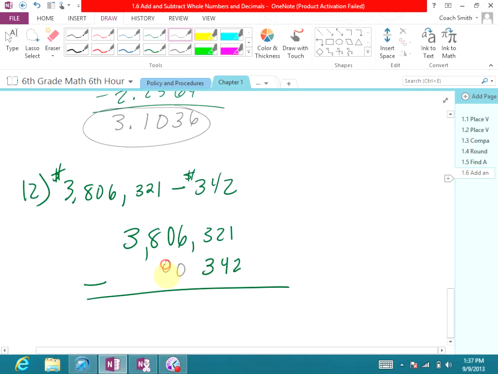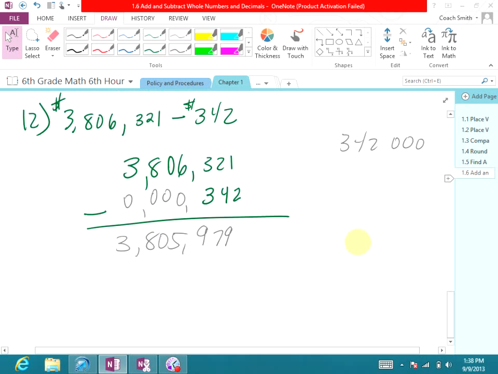In other words, you could put them here and it doesn't change the number. Okay? If you put 342 and add these to it, that changes that number a lot. Okay? And so when you're done with that one, you end up getting 3,805,979. Okay?